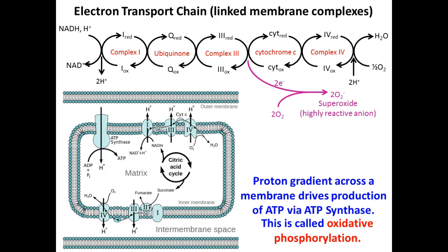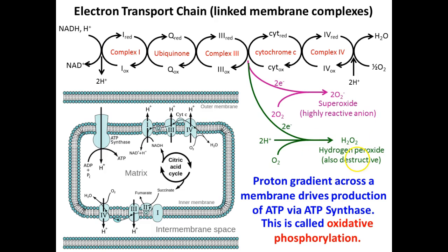This is bad oxygen. This reacts with molecules in a damaging way. The other thing that can happen is that in addition to the electrons, protons can be added and you can form hydrogen peroxide. Also a destructive form of oxygen, not quite as destructive as the superoxide radical, but still can be damaging to cells.